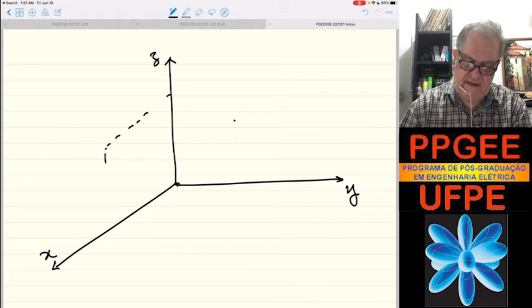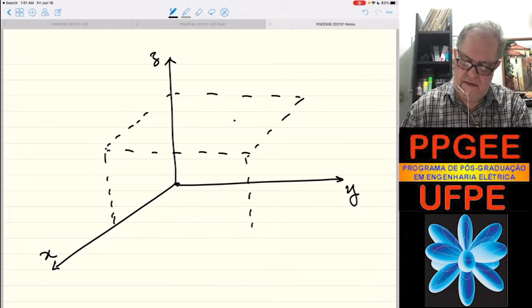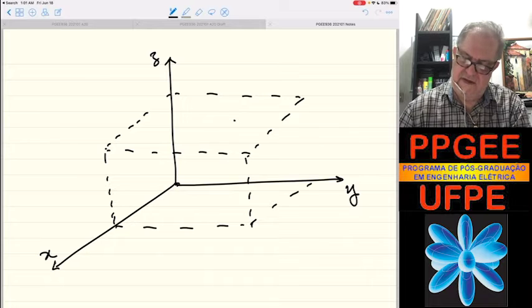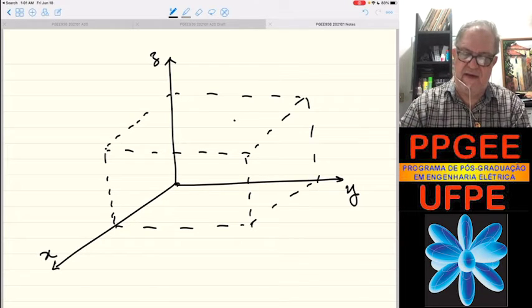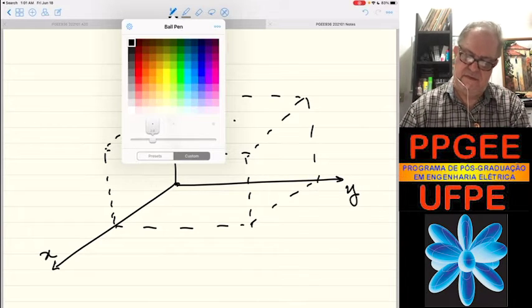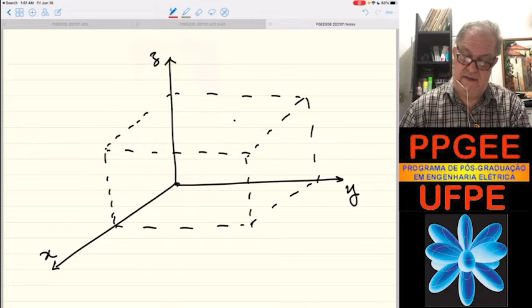It's going to be easy. I'll make a cube here, something like this. Let me put my u vector along this direction here.